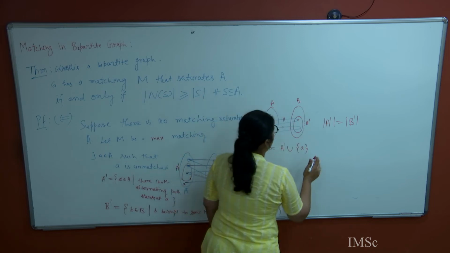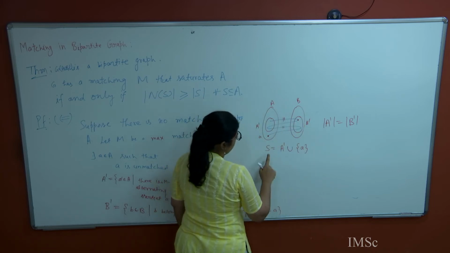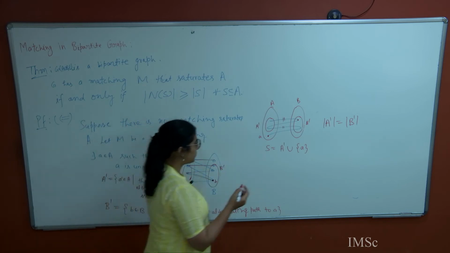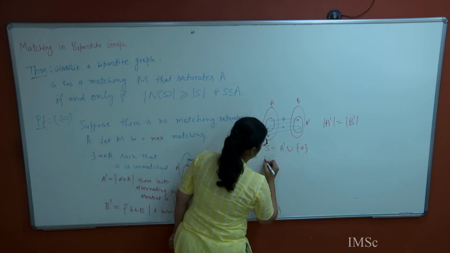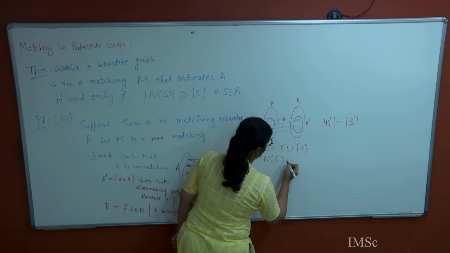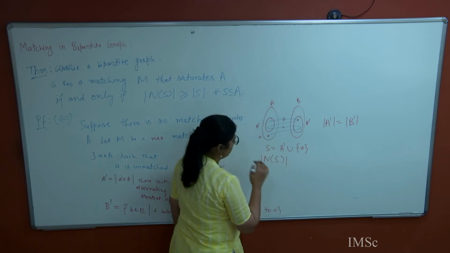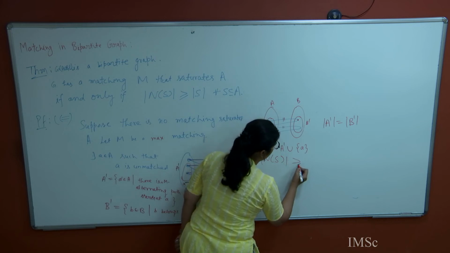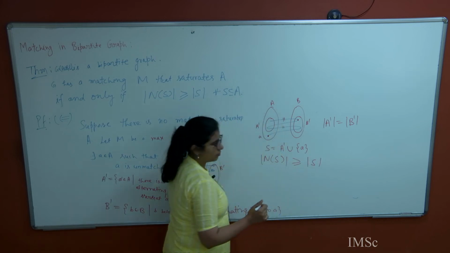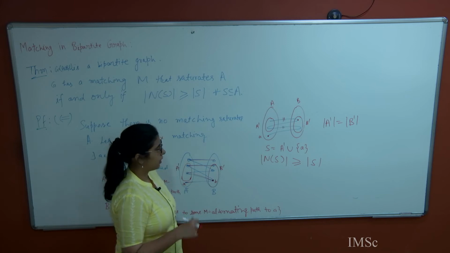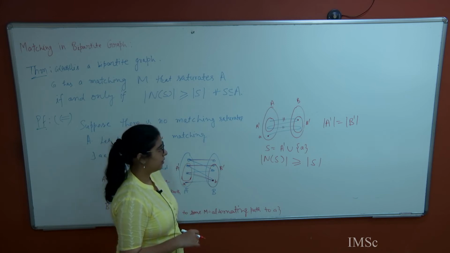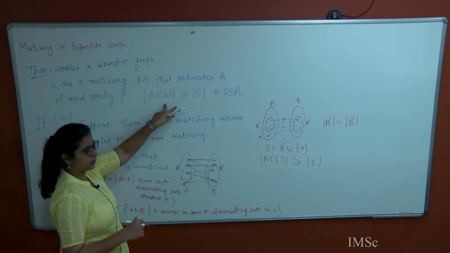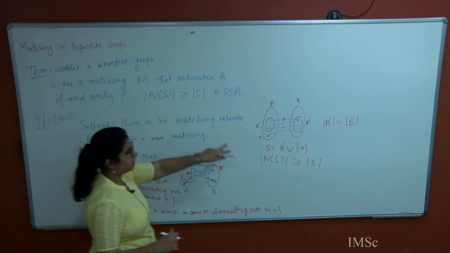Okay. So, now look at this set A prime union A. What is its neighborhood? Its neighborhood cardinality should be at least the cardinality of S prime, cardinality of S, because we assume that we started with Hall's condition being true.